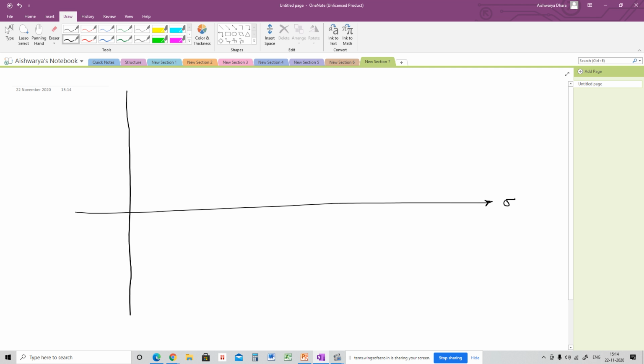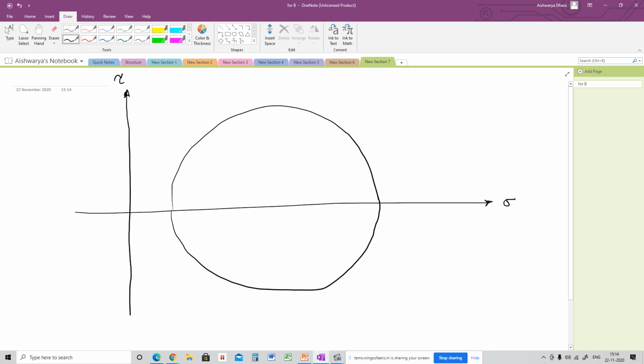So the sigma, here we have the tau. So let me consider a circle. Just a rough drawing. This may be the center. Let's consider this a center. This is one important point.